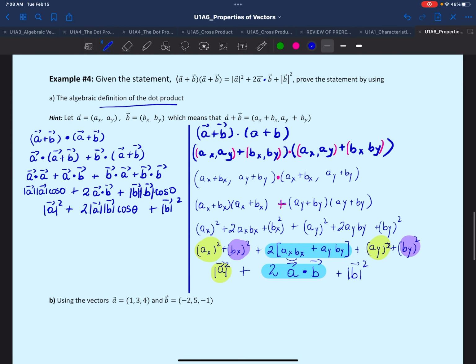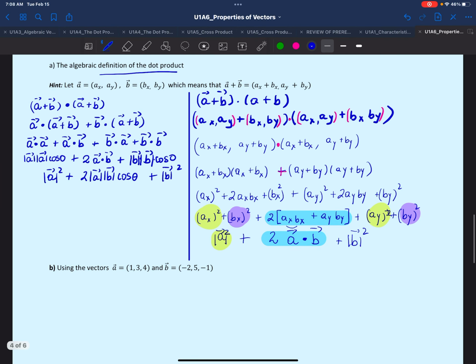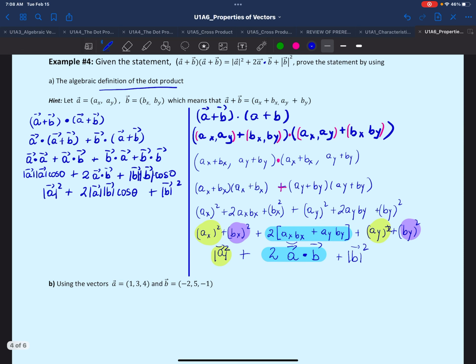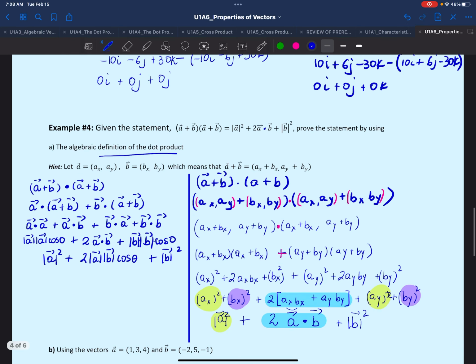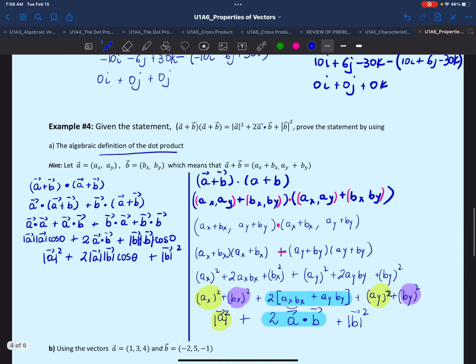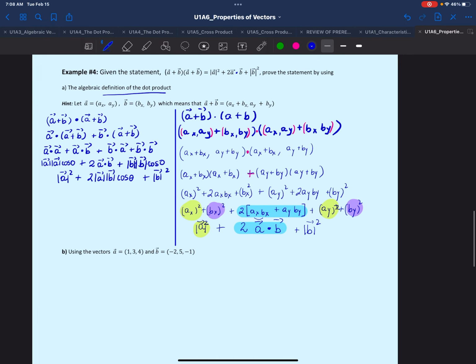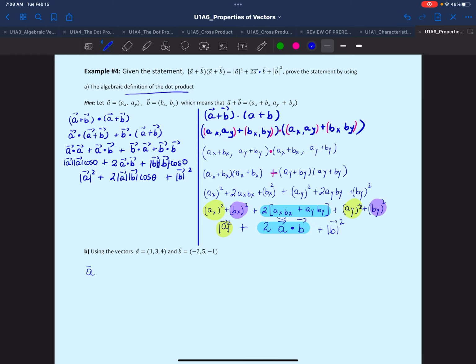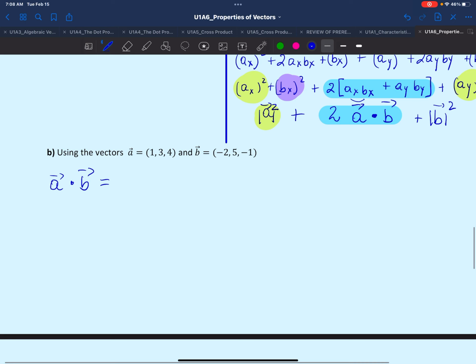The statement is proven. Now we're going to use the vectors A and B with the given coordinates to practice the same formula. But we are here in 3D. So you will be dot producting vectors A and B, which means we have 1, 3, and 4 multiplied by -2, 5, and -1.